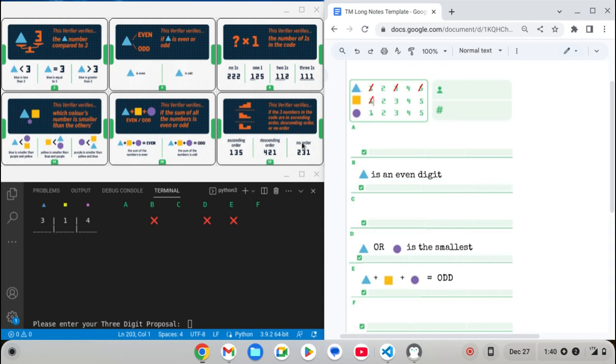Now, I recall in previous puzzles we've been able to deduce criteria card F, but that's only because we have other criteria cards that sort of play against it. I don't know if there's anything here that would help us. Yeah. So let's see, what could we be dealing with?